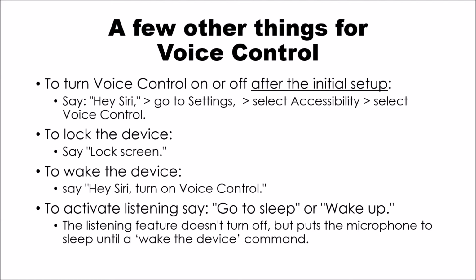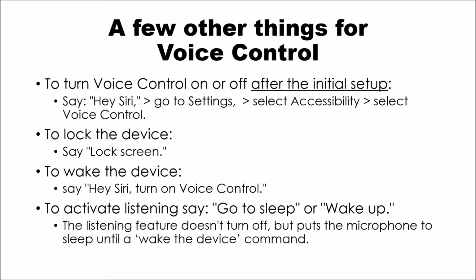To lock the device, in other words, go into a lock screen, you can say lock screen. To wake up the device, you can say, turn on voice control. To activate or to wake it up or to shut it off, you can again give those commands.